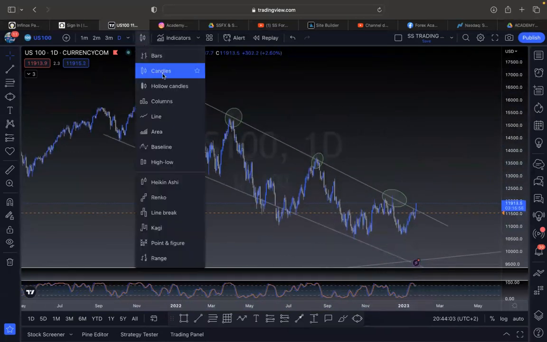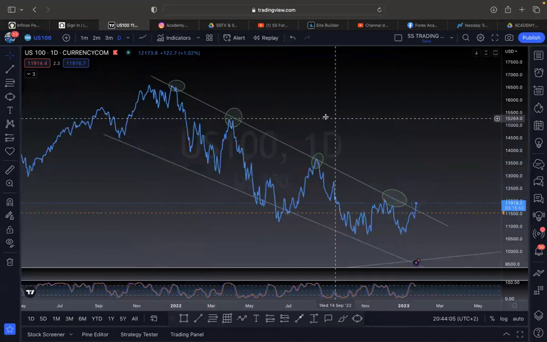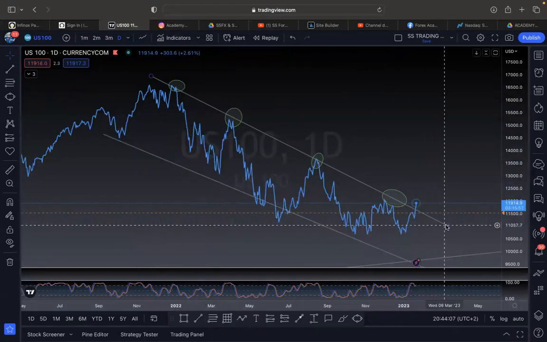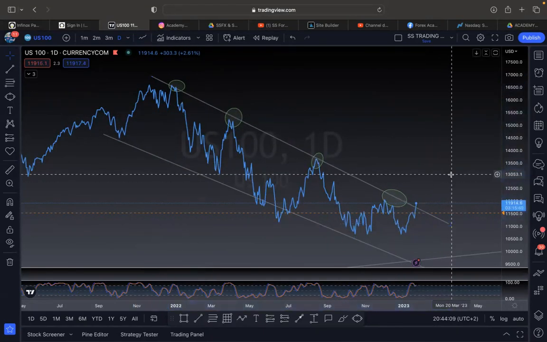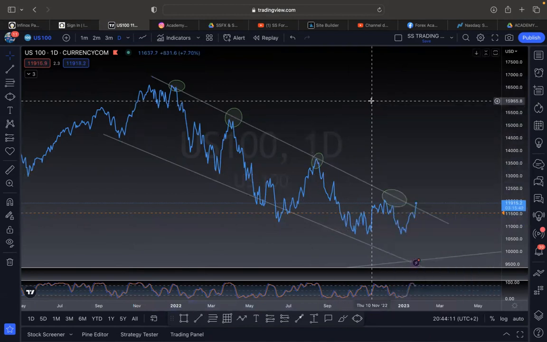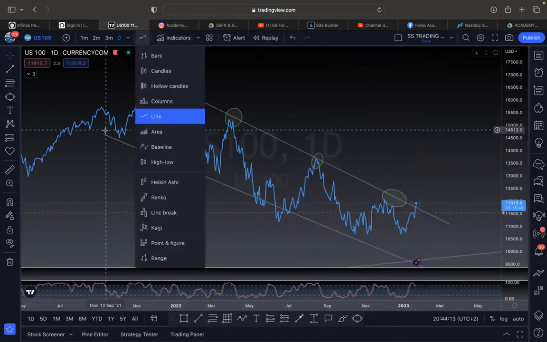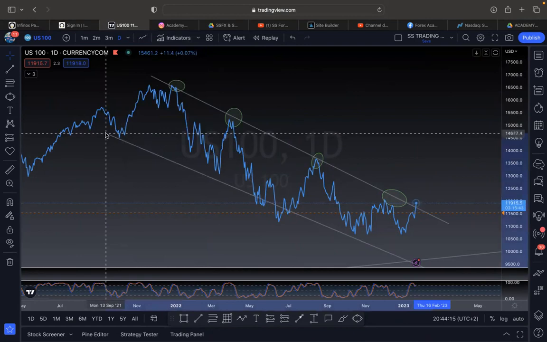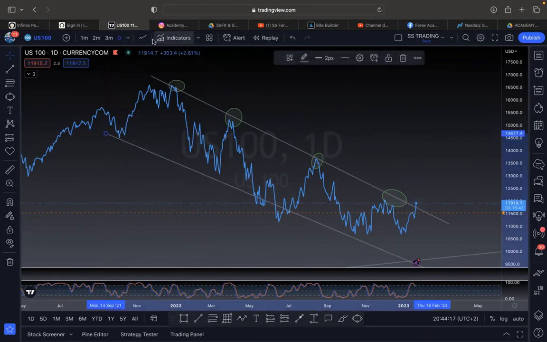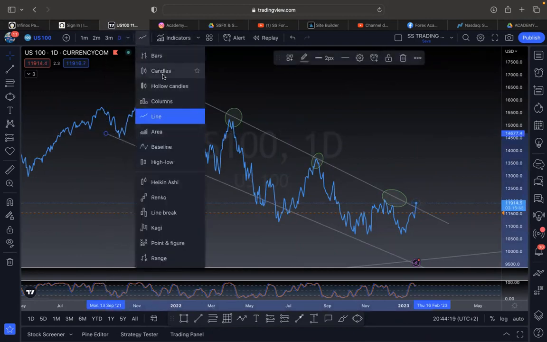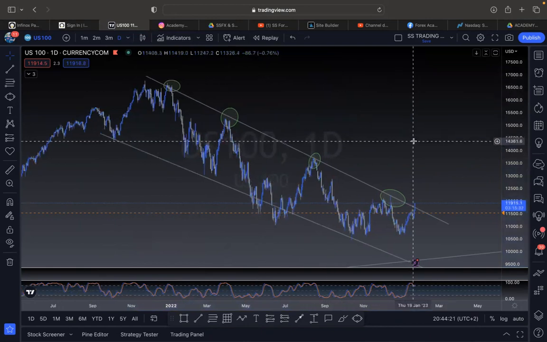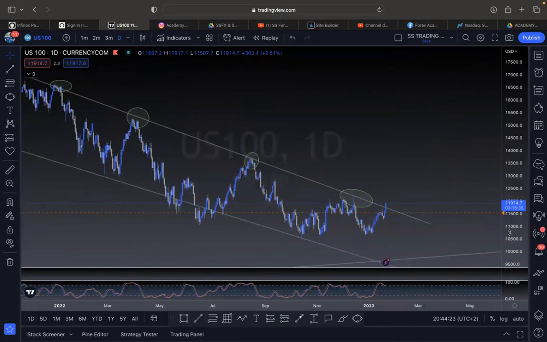Just neaten this up a bit. Let's put our line chart. There we are. So that's our descending channel on NASDAQ. You all should have this on your chart. Okay. And we can see a clear breakout.